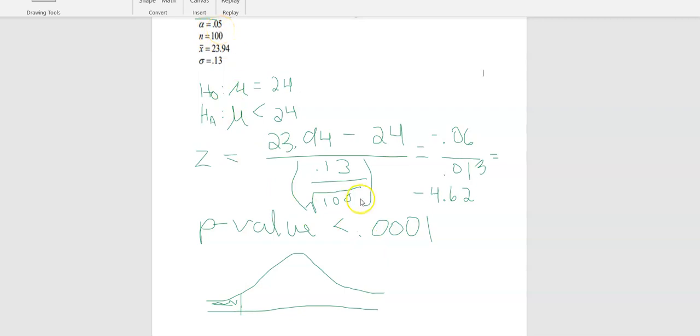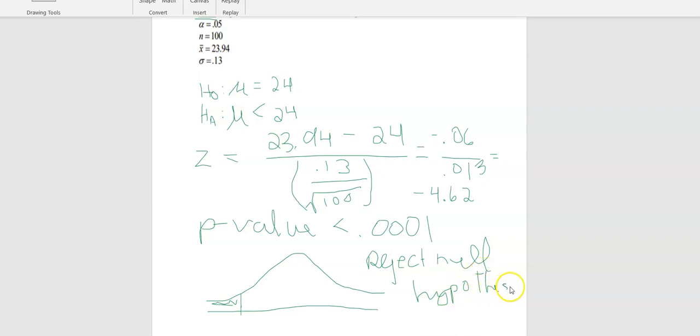It is smaller than alpha, so we reject the null hypothesis. So that's our decision. We're going to reject the null hypothesis.